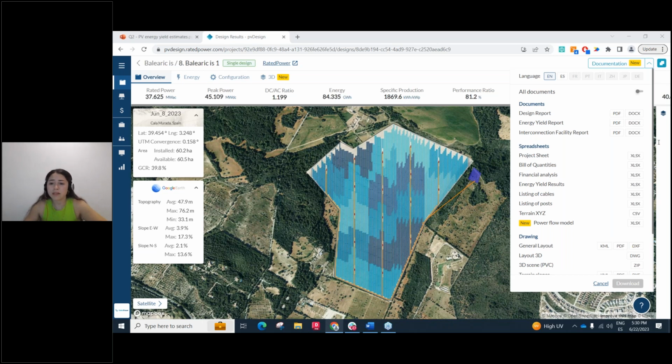Basically, for the financial side, P90 is the value that helps to ensure the project's energy generation covers all the debt. So in the financial evaluation, P90 is the one most used.